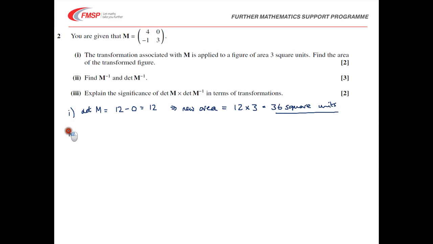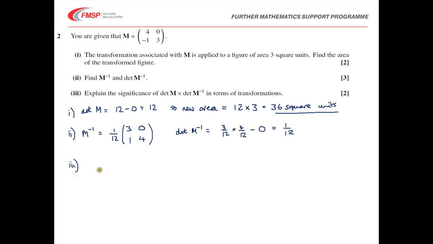For part 2, the inverse matrix, we've already found the determinant, it's 12, so we multiply by 1/12, and we swap A and D, and we change the sign of B and C. The determinant of M inverse is 3/12 times 4/12, take away 0, which is 1/12.